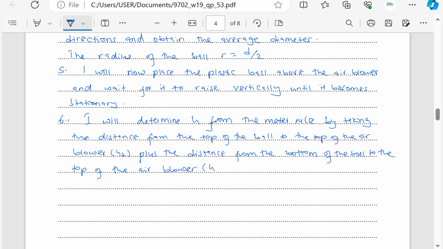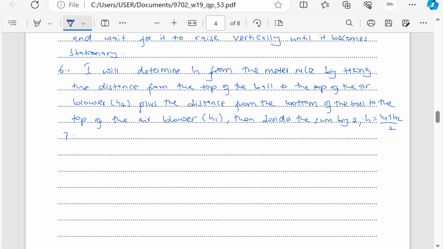And I've called this one h1. So then divide the sum by 2. In other words, I'm saying h is equal to h1 plus h2 divided by 2. That is a very important mark.